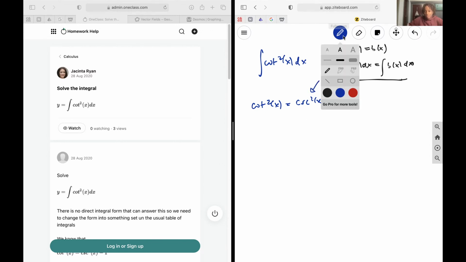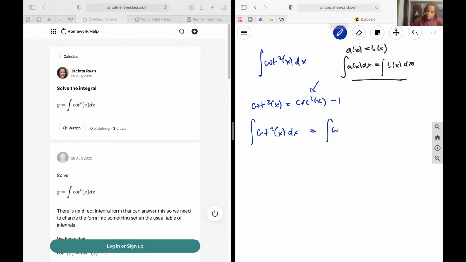We have a minus 1, but we still have this squared term that is disturbing us. So first, let's just write out what we have. It is equal to the integral of cosecant squared x minus 1 dx.